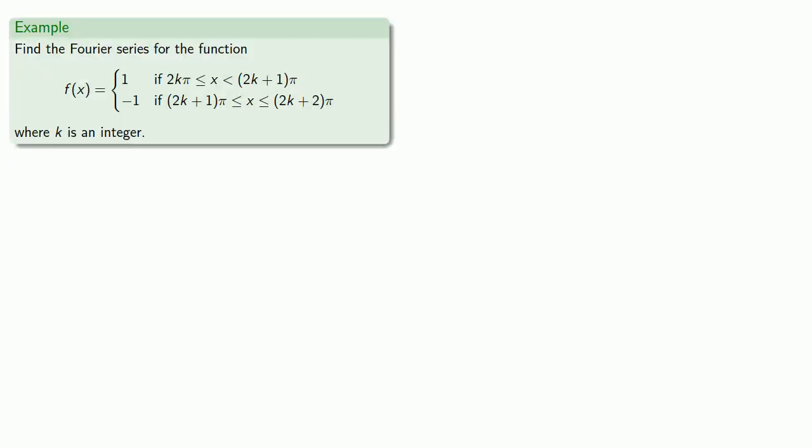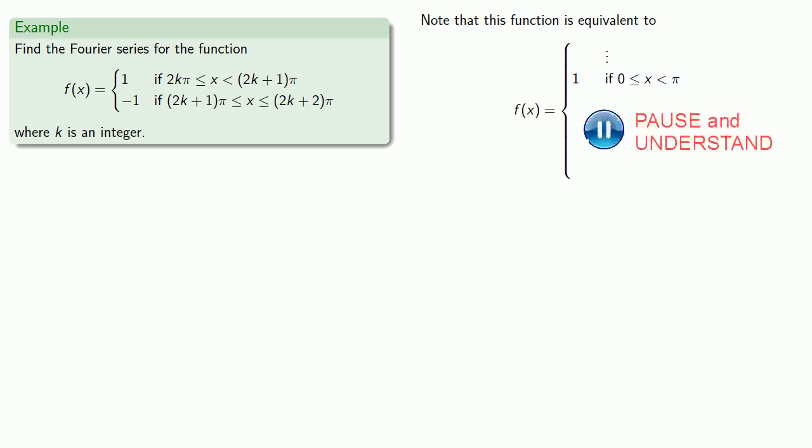So let's try to find the Fourier series for this function, which might seem a little daunting in its description, but note that this function is equivalent to the following. If k is 0, then we're 1 between 0 and pi. And again, if k is 0, then we're minus 1 between pi and 2 pi.